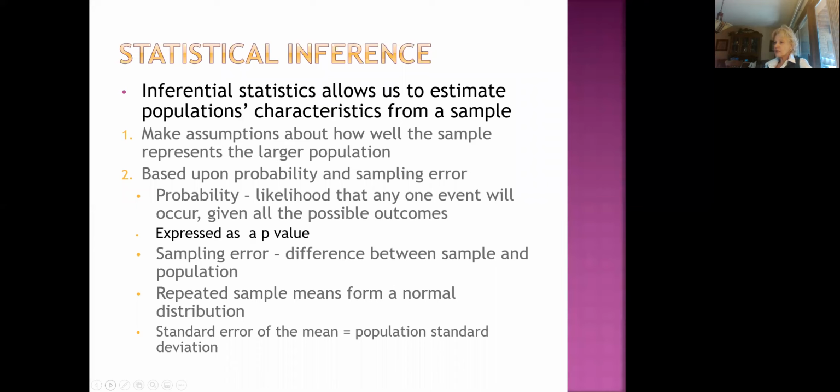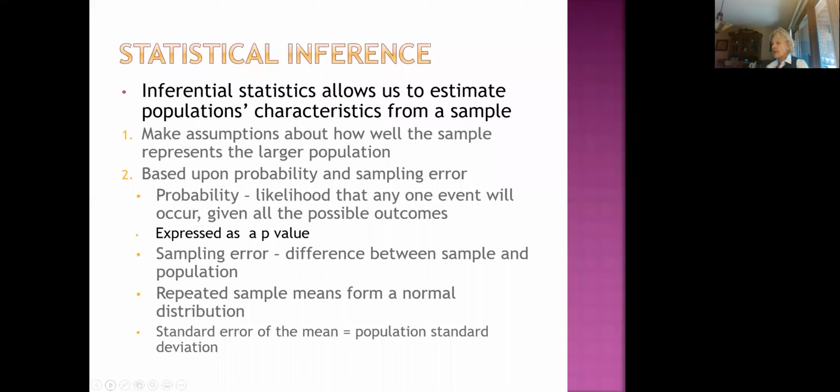Statistical inference allows us to estimate a population's characteristics from a sample that we draw from that population. So we're able to make assumptions about how well the sample represents the larger population. And then based upon probability and sampling error, we can draw some conclusions.